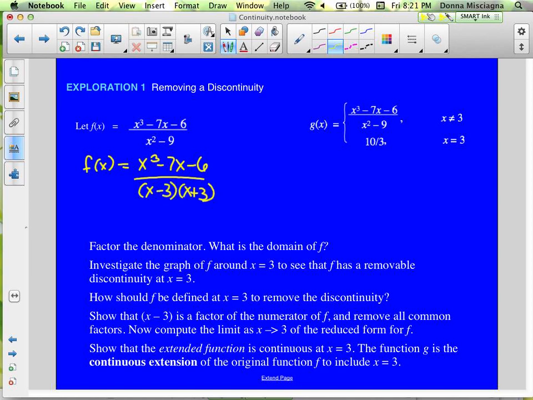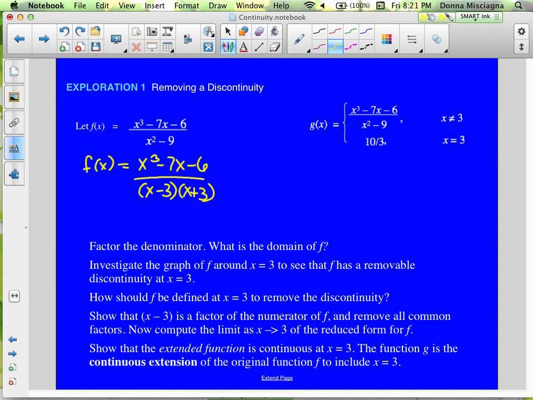Now if there's a hole, it's because either 3 or negative 3 is a factor of x cubed minus 7x minus 6. You can plug them in and see whether you get 0.